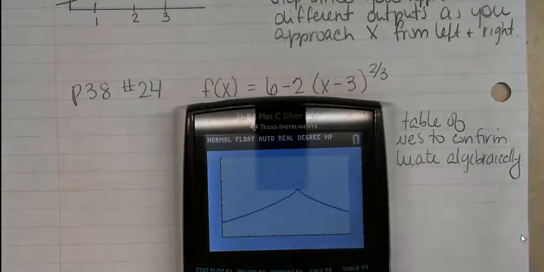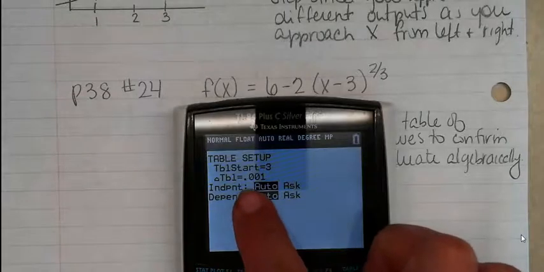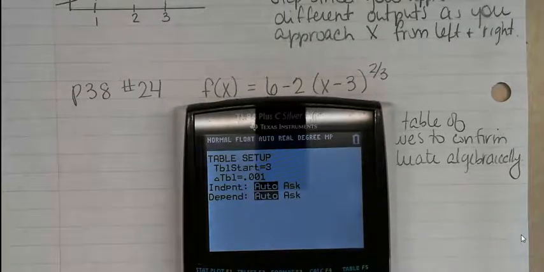I could also do a calculation and trace. But I'm going to go ahead and go into my table, and I care about at 3. And to get really precise with this, I'm going to go up and down by thousandths.